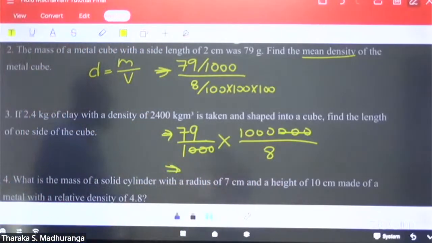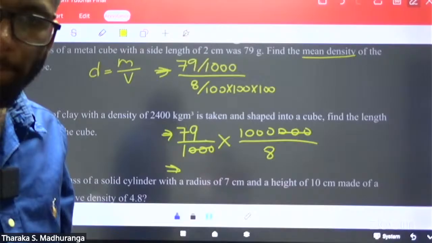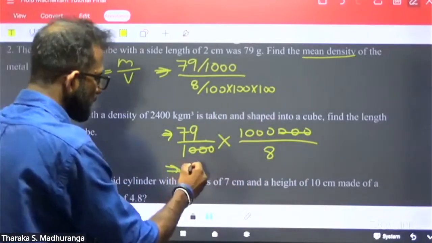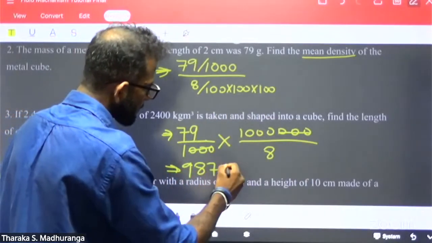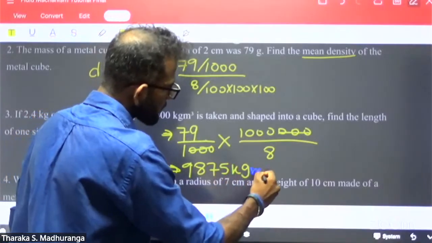What is 79,000 over 8? The unit is kg m cube.